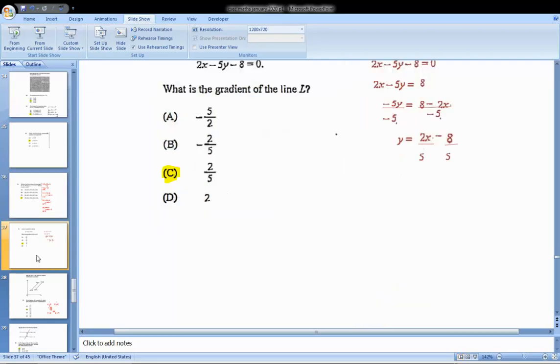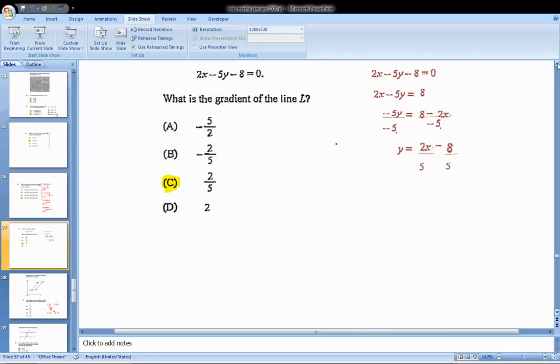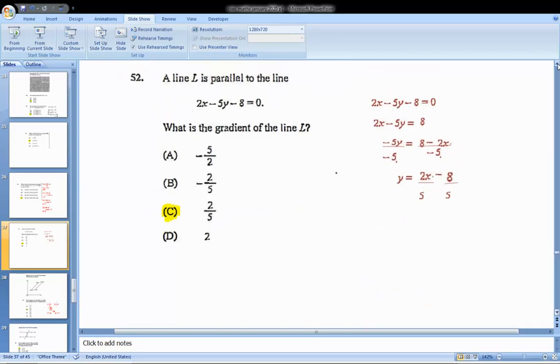Let's go on to number 52 now. So 52 says a line L is parallel to the line 2x minus 5y minus 8 equals 0. What is the gradient of the line? So we know what we are working with.